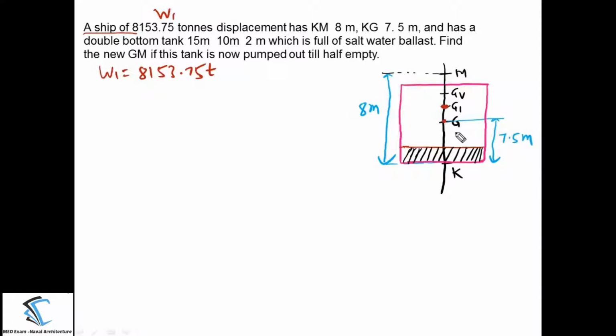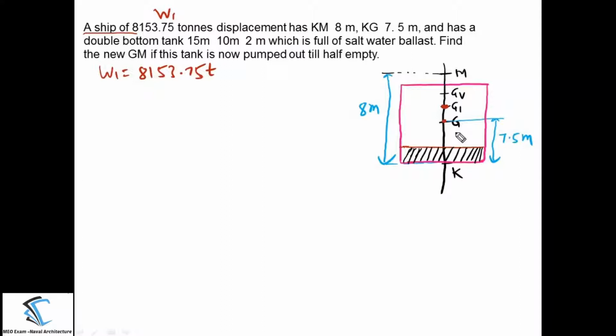So this example contains both the things. The first effect is a removal of the weight from the double bottom. Because of that, there will be a rise from G to G1, and after a removal of the water, there will be a free surface effect generated because of the partially filled double bottom tank.